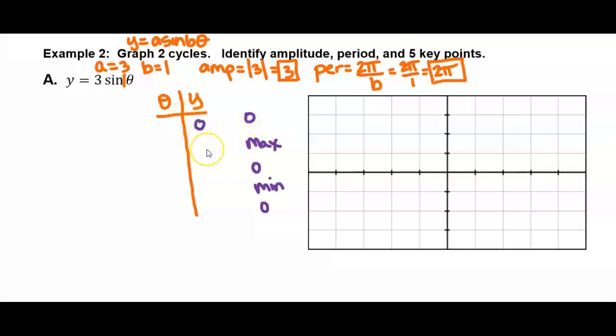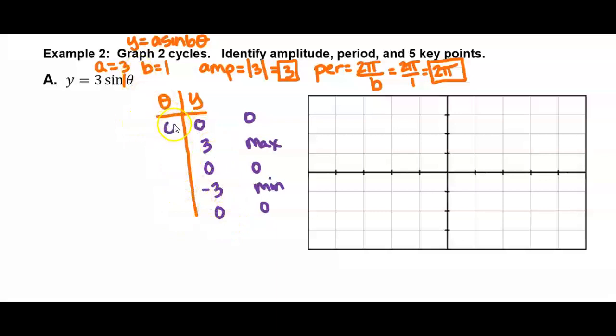Our maximum is going to be our amplitude because that's the highest point on the graph. So it goes to 3, and we go back to 0. Our minimum is going to be -3, and then we're back to 0. So that's the pattern of our y values because we know that sine starts with a 0 and ends with a 0. So now we have to talk about what is our range for theta.